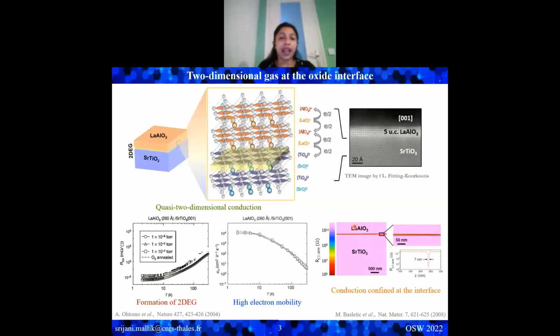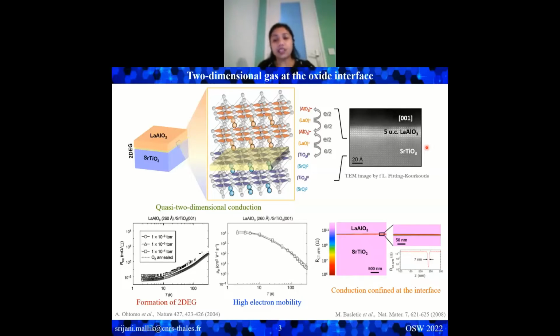There were many reports where people observed such a two-dimensional electron gas with different insulating perovskite materials. But the problem is this involves really high temperature PLD growth, because the perovskite materials have to be of really good quality. The interface has to be very clean and epitaxial in nature. So this involves quite high temperature growth and a complex growth procedure, to be honest.